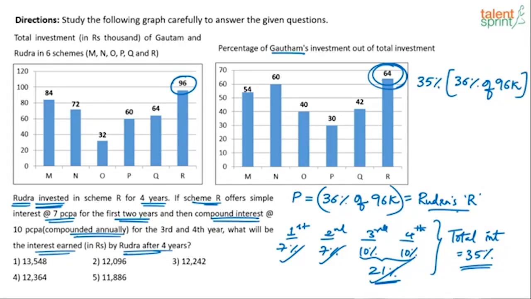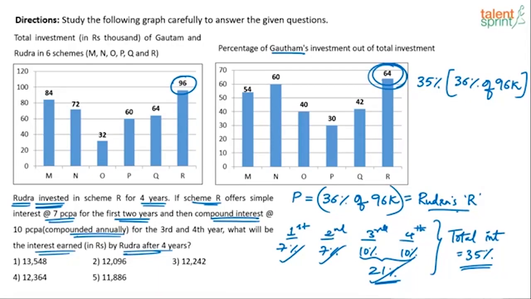Do the calculation. This is the final answer, by the way. You may first do the calculation of 36% of 96,000, then take 35% of that, or you may take 35% of 96,000 and then take 36% of that, or you may take 35% of 36% and apply that percentage on 96,000, because basically this is like A into B into C. You may multiply AB first or BC first or AC first, whichever is convenient to you.